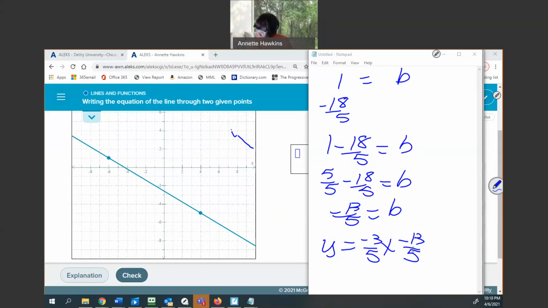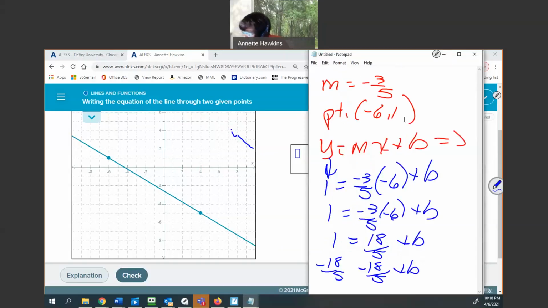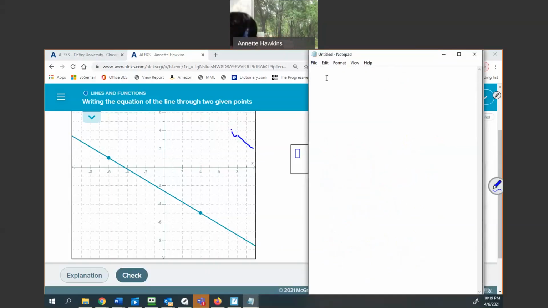All right, I'm going to use the other point so that you can see it does not matter. I used (-6, 1). Now I'm going to use (4, -5), okay? So the point (4, -5), and m equals -3/5.